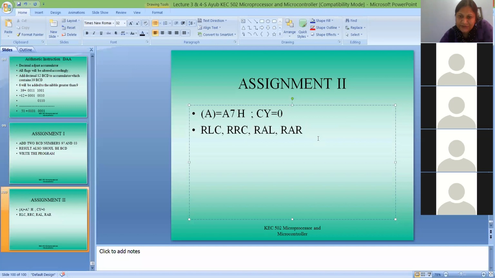So everybody has written the attendance in the chat box.